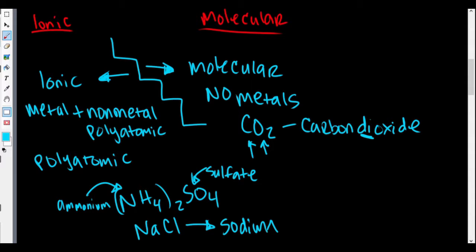So you just take the name of the cation, which is Na plus, Cl minus, and then you take the root from the anion, which in this case would be chlorine, so chlor is the root. You basically drop the I and E, and you replace that with IDE, chloride.